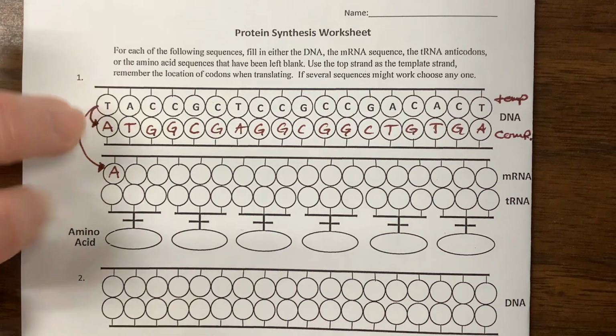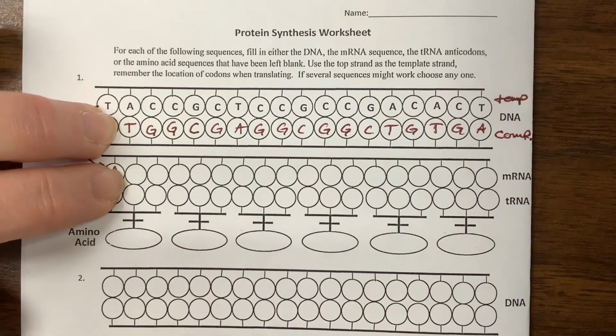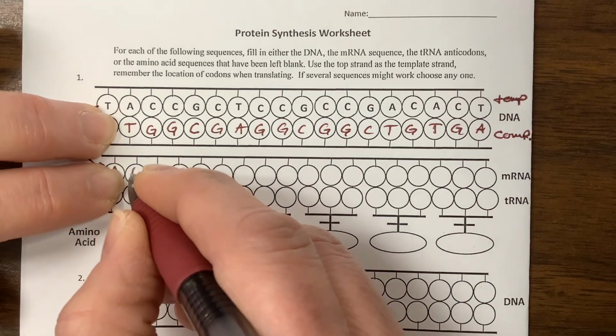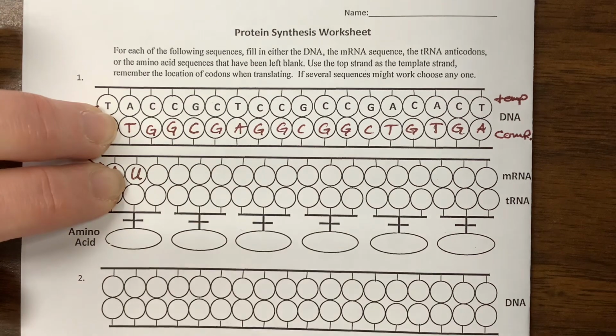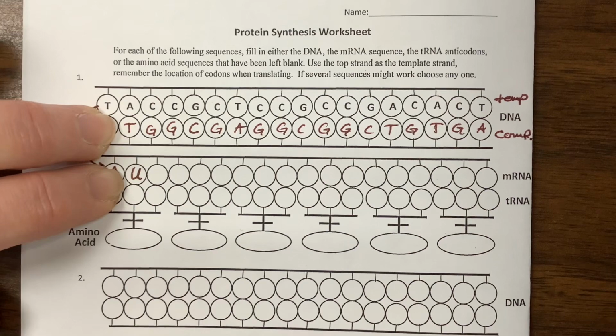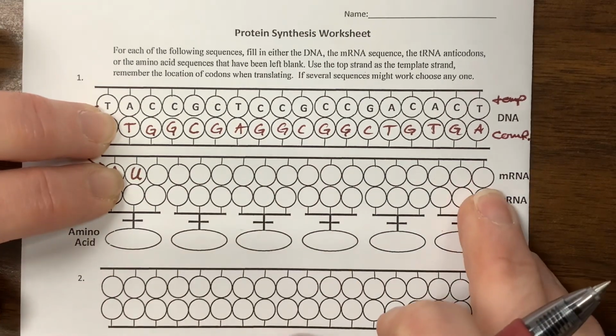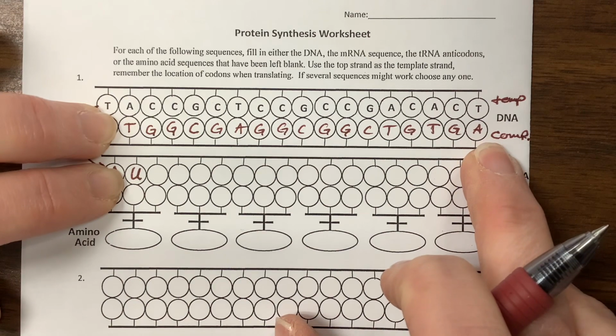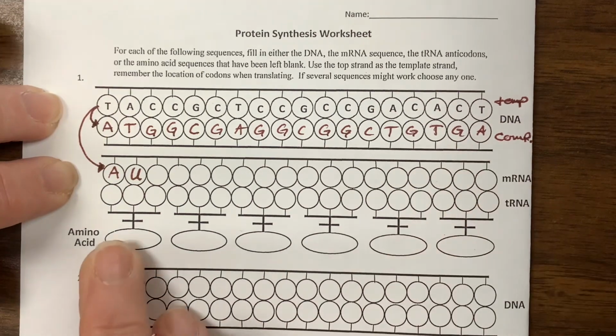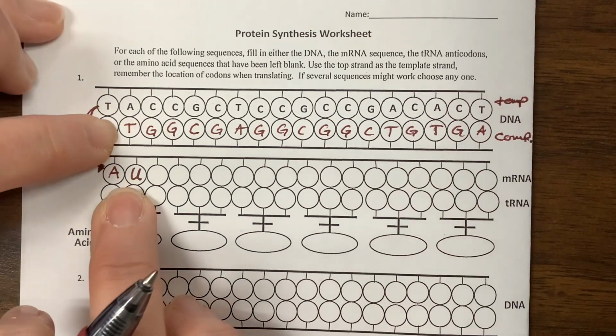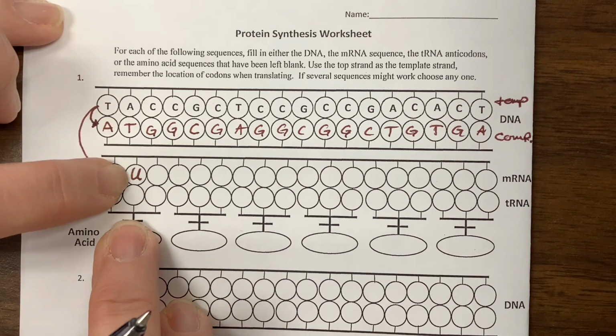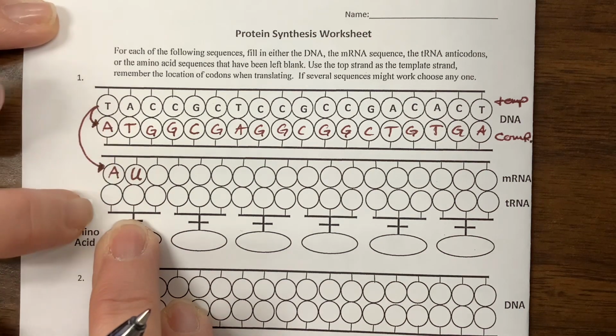But the difference between DNA and RNA is that across from the A's, I have to bind a uracil. So remember that uracil is used in mRNA instead of thymines, okay? So the mRNA code is going to be very similar to the complementary code, other than where there's a T in the complementary code, I would have a U in the mRNA code.